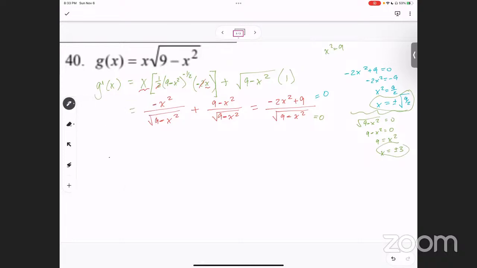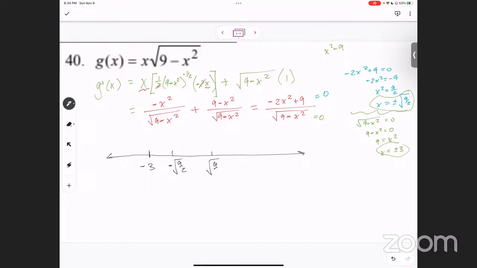So let's do that. Ready? Here's my number line, and I'm going to put the numbers on it. So -3 is going to be here. Negative square root of 9/2 is going to be here.